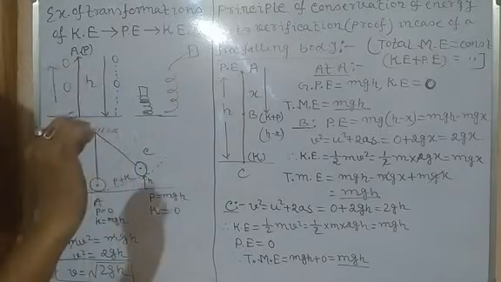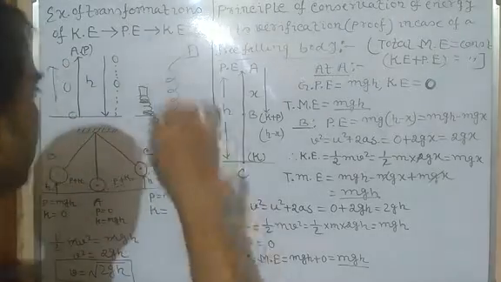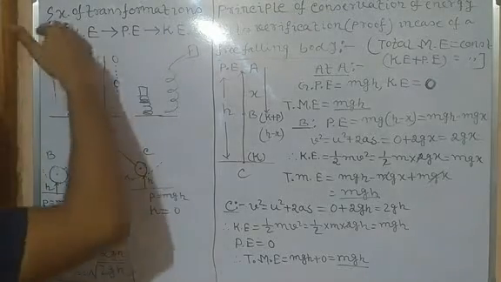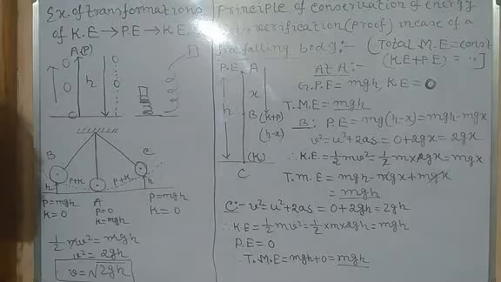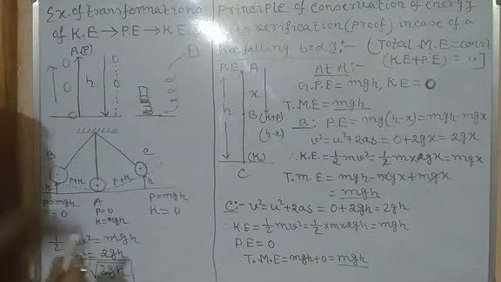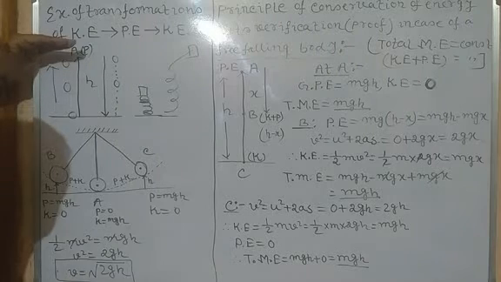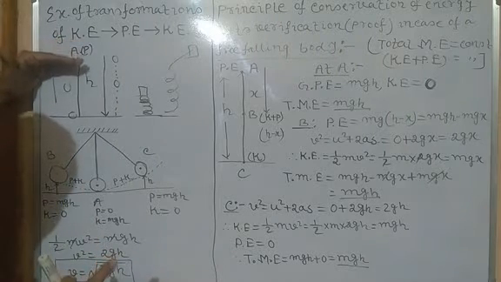Now for a very small period of time it will be momentarily at rest, and again due to gravitational attraction, it will come down under gravity. As it comes towards the ground, notice its height will be decreasing, isn't it?